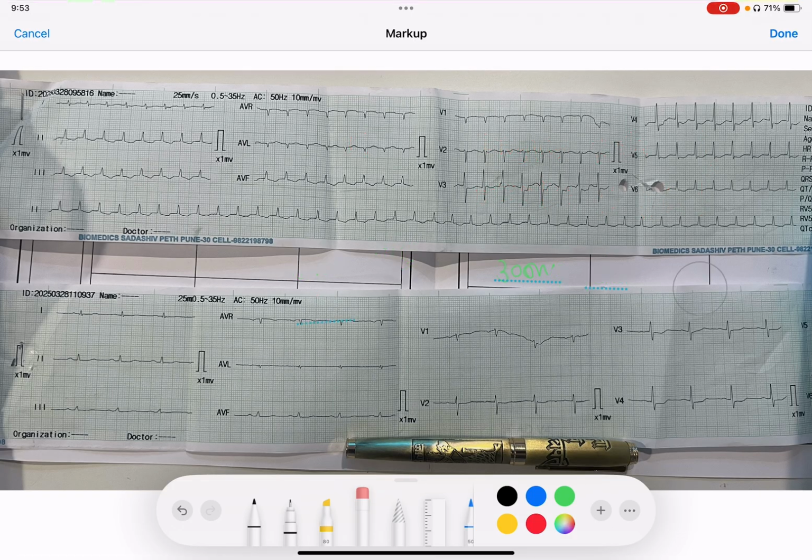The third drug is injection diltiazem. It is a very commonly used drug. Diltiazem comes as a 25 milligram injection, and most of the time we use 10 to 15 milligram. We dilute it in 10 ml NS and give it very slowly over a period of a minute or two.